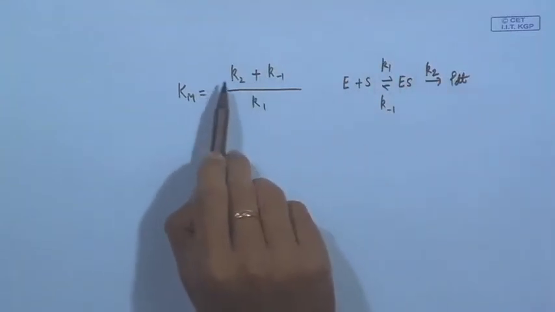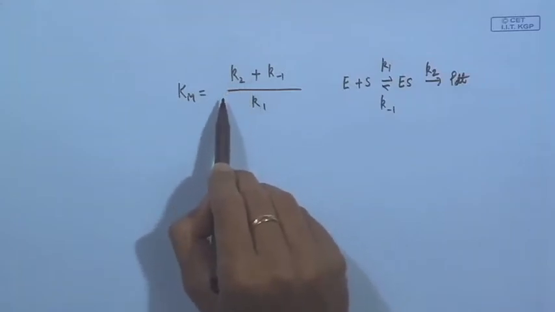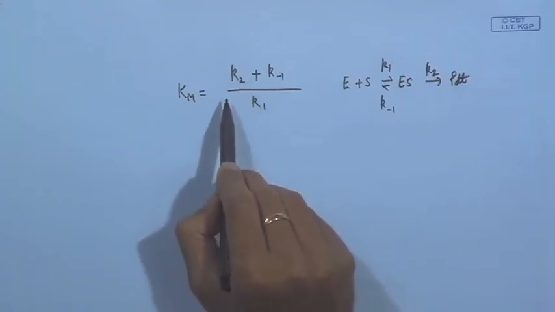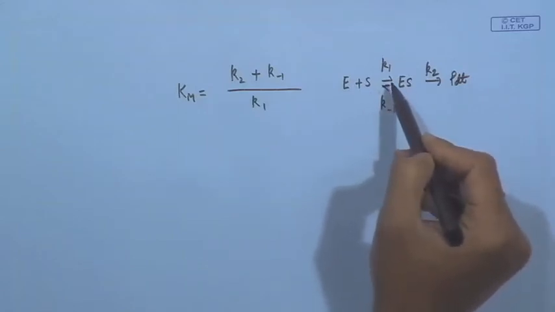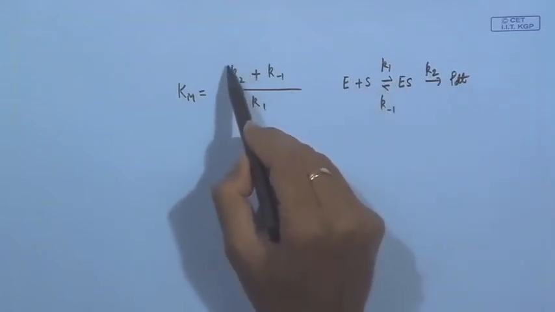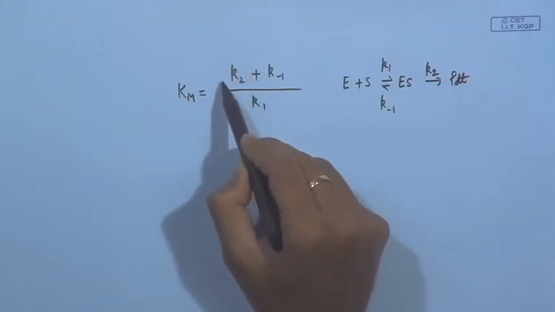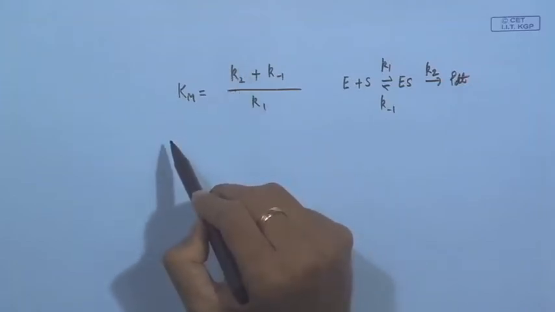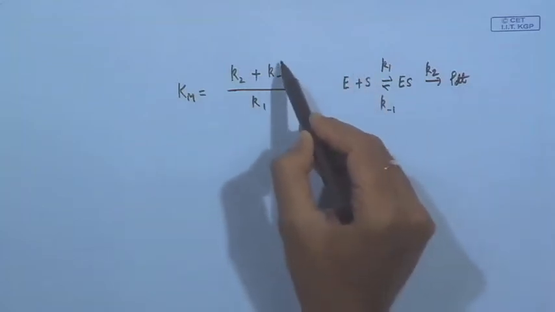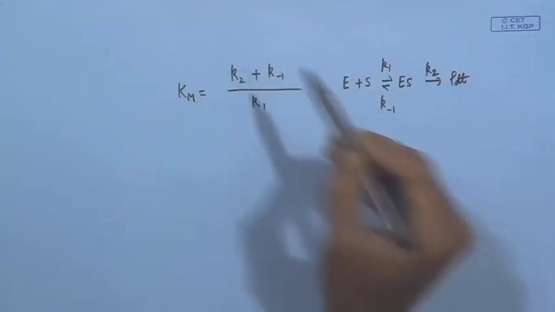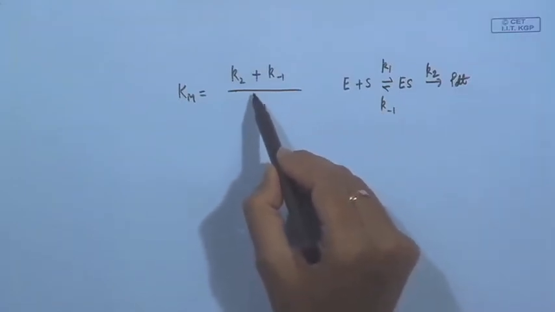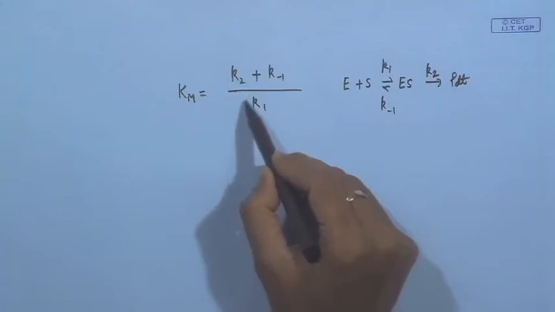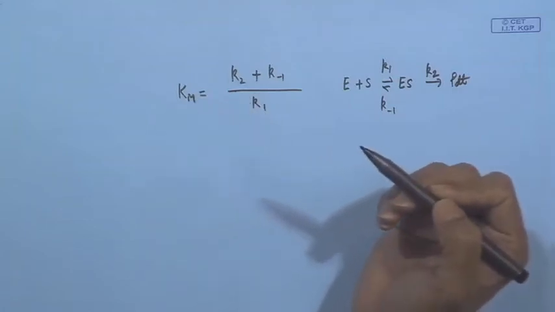So, high means, when this is high, it may be that this is very high, or maybe this could be very high, or in other words this may be slow, I mean this may be low, so that this Km becomes high.